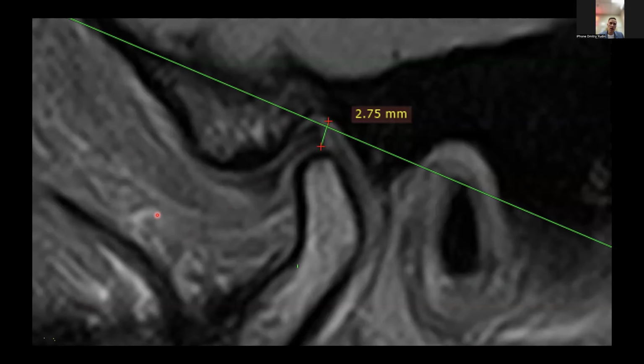This is a line you need to use with all major instruments to find where the head and the fossa are, and the space between these anatomical TMJ organs. So you have this space in front.